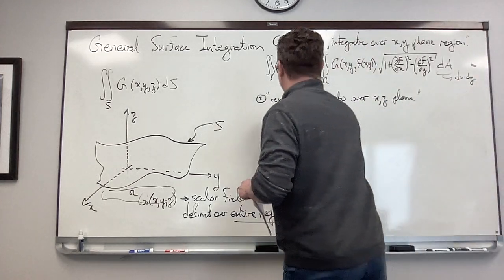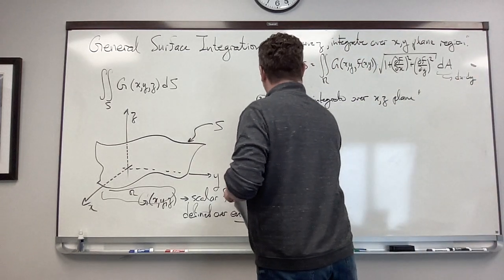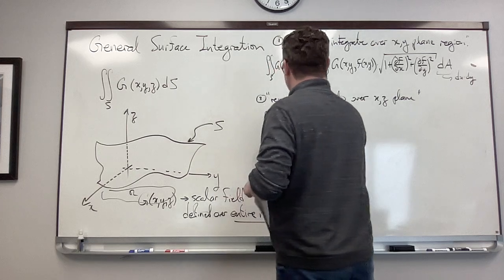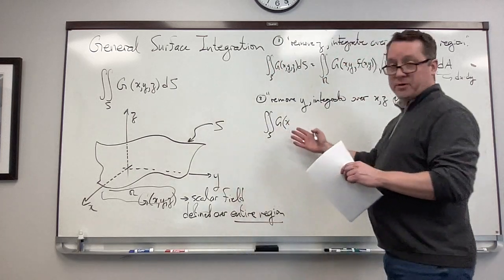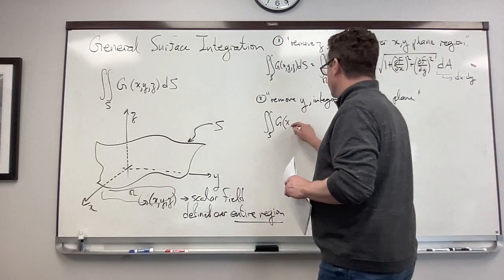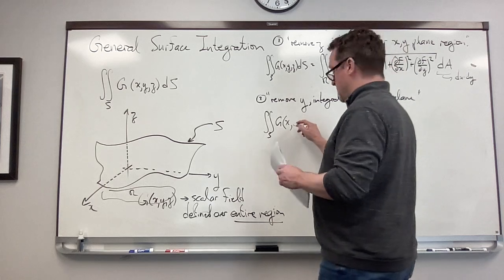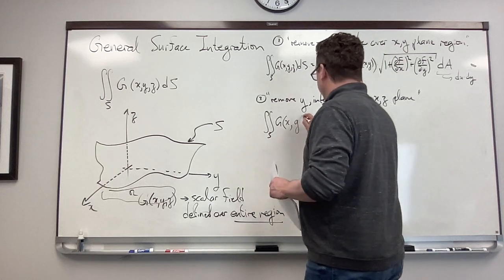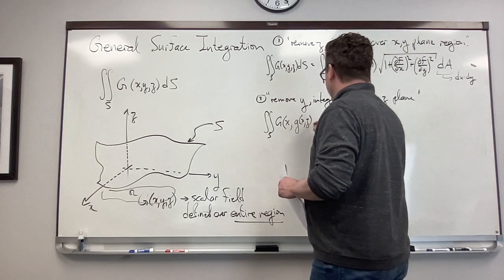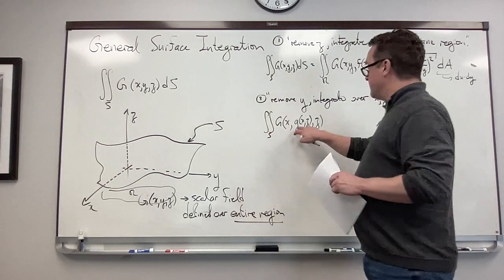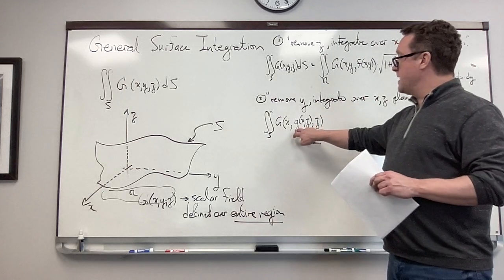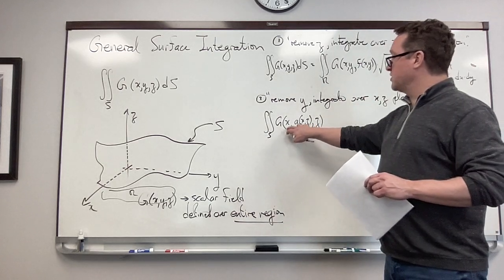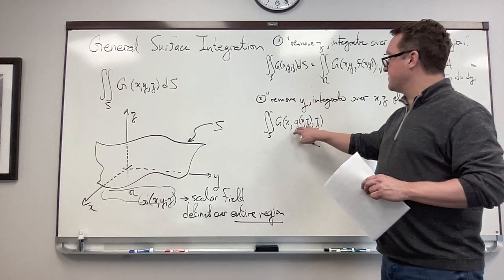Then we'd have, and once I write this one, the third one will be obvious, our temperature distribution, say. It's a function of x, but now instead of y, we're going to have some function that describes the surface height y as a function of x and z. So this comes from the surface.